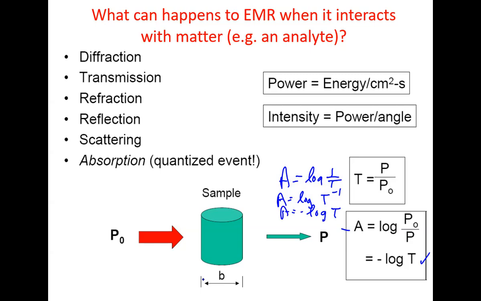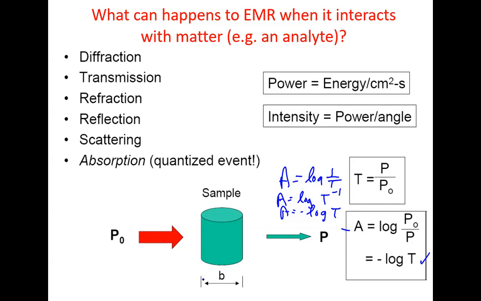And you know what transmission is. You are comparing the light before it interacted with your analyte and the light after. That's the ratio. Some of you were asking me when I gave you the first lab, what is this percent T? That's that ratio. In the infrared spectrum, in that first experiment, it's percent T. So you can see now the relationship between percent T and absorbance.